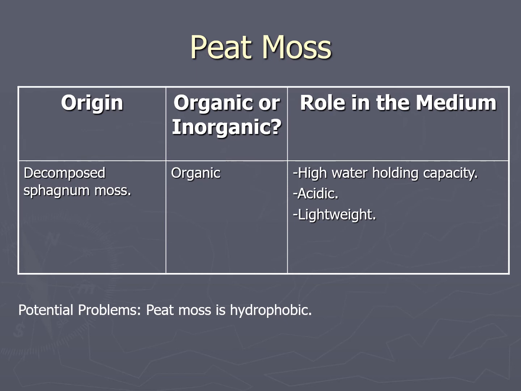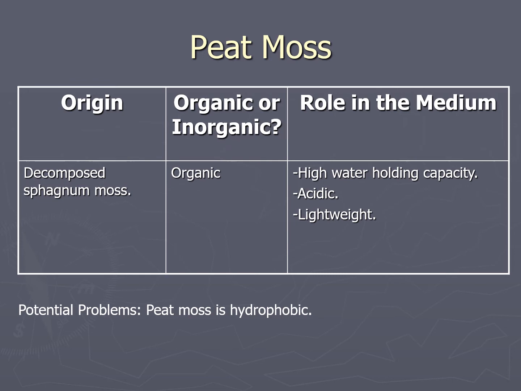Sphagnum moss is a plant that grows in bogs that are found primarily in Canada and across the northern United States. When sphagnum moss plants die, they begin to decompose and they form peat. And this peat is organic in nature. When we use sphagnum peat in growing medium, we put it in primarily because of its high water holding capacity.